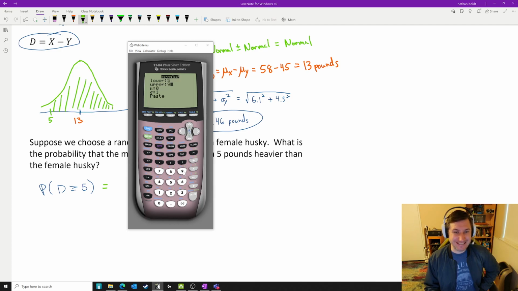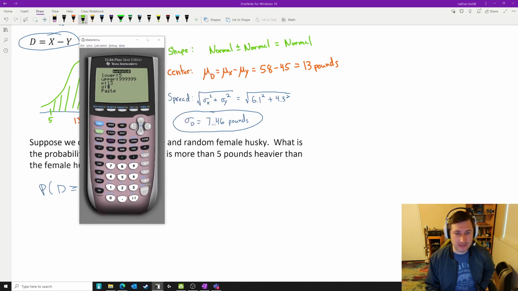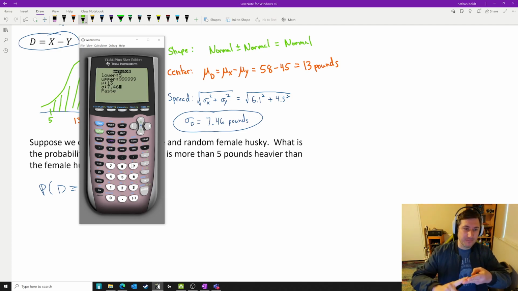To the right, so that's 9999999 is my upper. The mean, 13, right there is the center. And the standard deviation is right here, 7.46. So now that we've described the shape, the center, the spread, we can fill in everything for normal CDF.